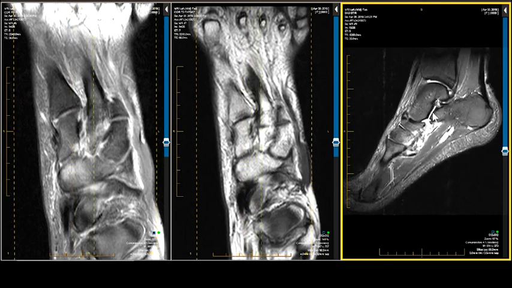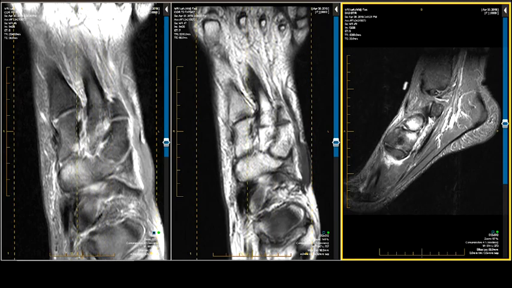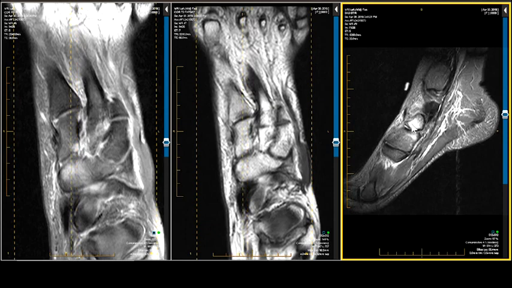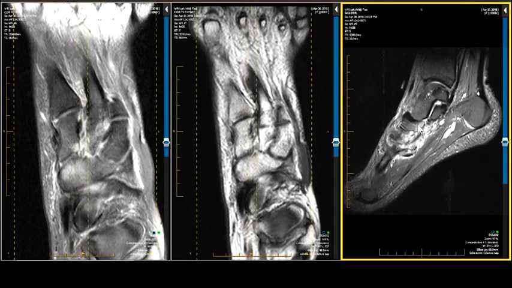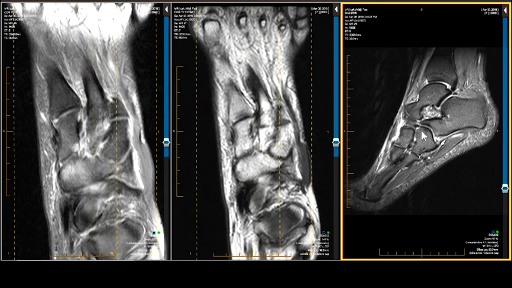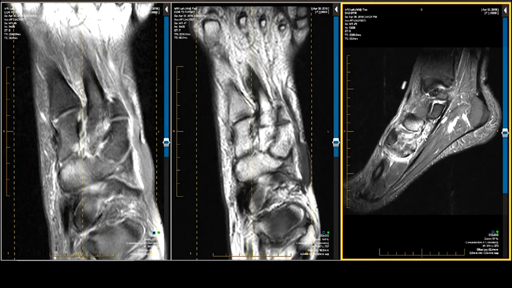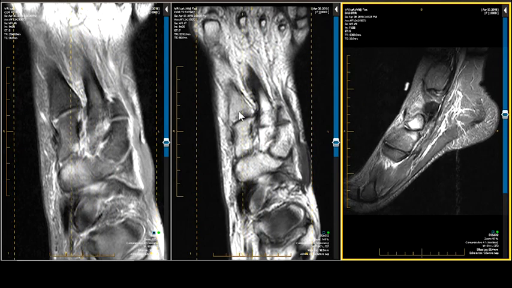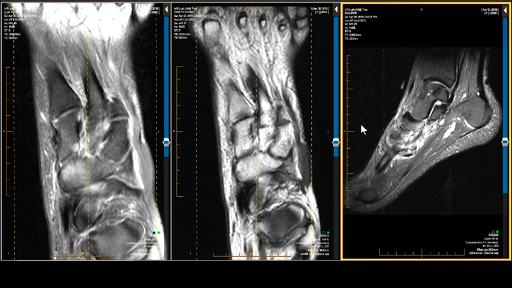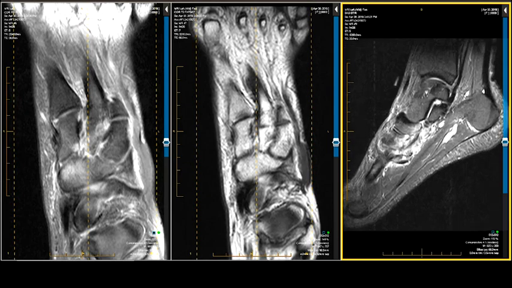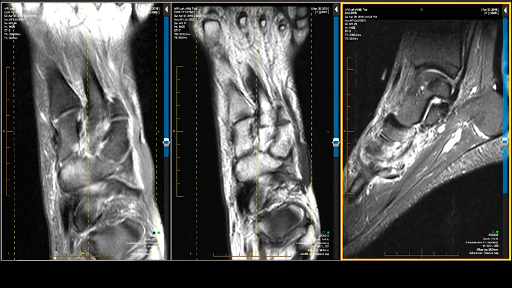So I start trolling around, and I do see some midfoot edema. And it's not inconsequential. And it tends to be centered in this patient about the first and the second. So I'm worried. I'm very worried. And you should be too. And that's usually how I'll start a case like this.